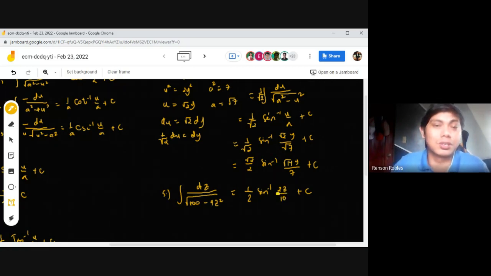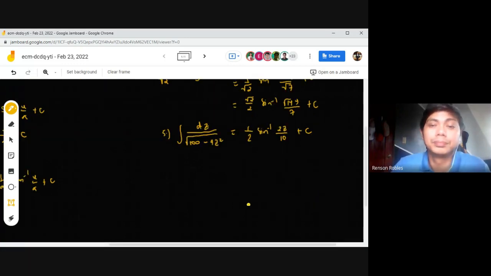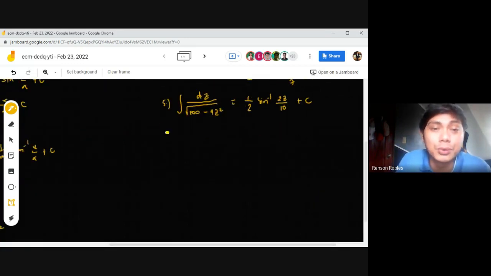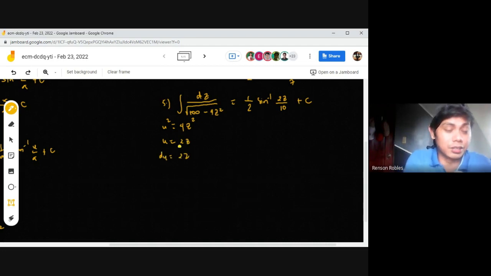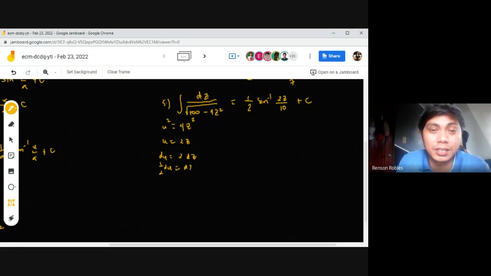Okay? Let me show you by substitution. We have u squared is 4z squared. Then u is 2z, du is 2dz. And you see on the numerator, there's dz alone. So you have 1/2 du is dz. And then you now have the integral of 1/2 du over the square root of a squared minus u squared.